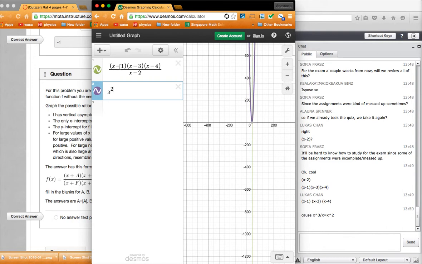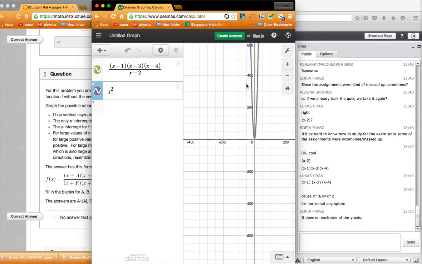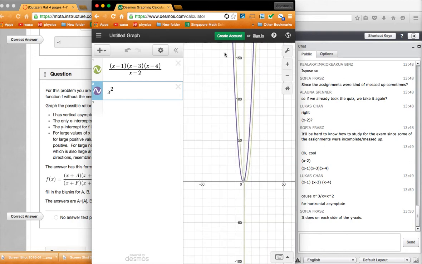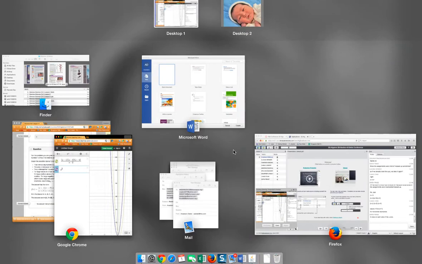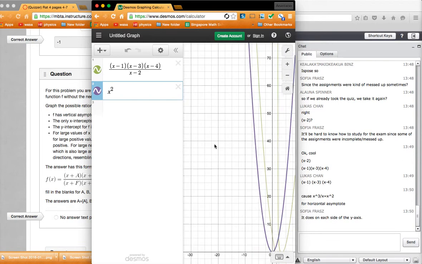The top has a degree of a cubic function, whereas the bottom has a degree of a single x function. So I can approximate that as x cubed over x, which is x squared. When I zoom out enough, these graphs look almost identical. Although when you zoom in, be careful, because this thing doesn't look the same at all.